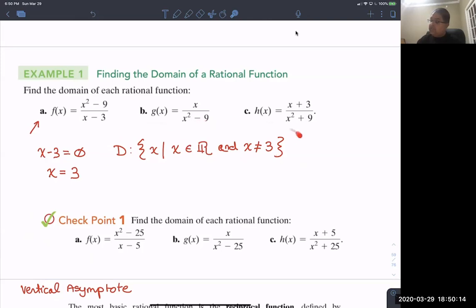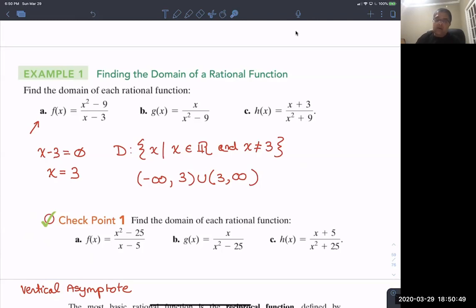Now, writing the domain with interval notation means we write it like this: negative infinity to 3, union 3 to infinity. Recall, why did we put parentheses and not brackets? Because parentheses means you can get close to 3, but you cannot be 3. And we can't be 3 because it makes the denominator 0.